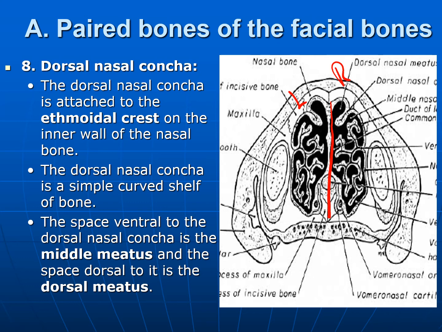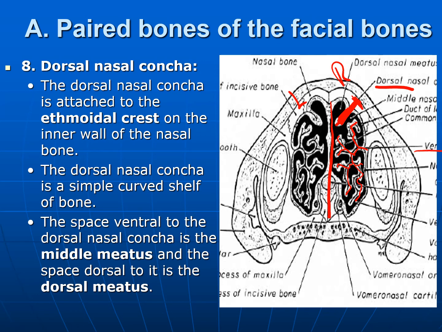The one that is a simple curved bone, this one here, is the dorsal nasal concha. The one that is more complex, consisting of primary bony scrolls and secondary bony scrolls, this one here is the ventral nasal concha.